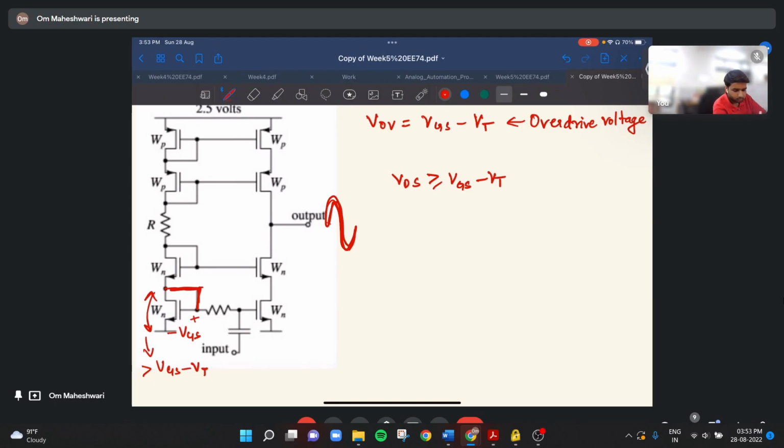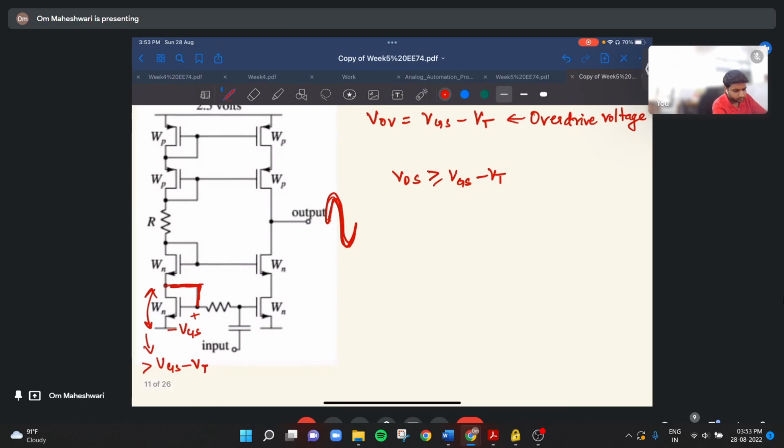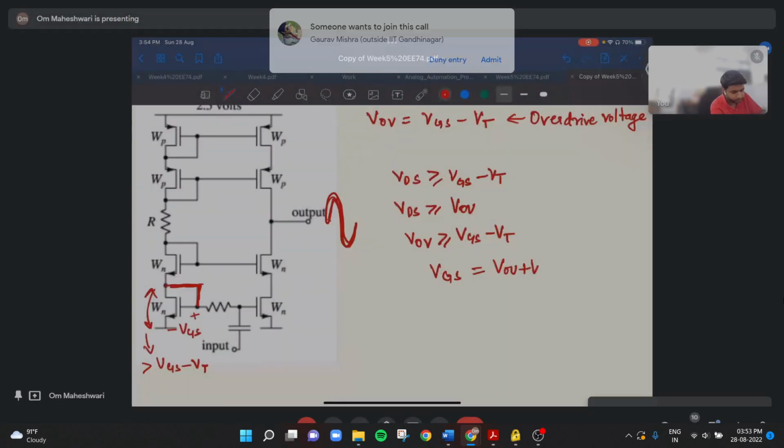So we can write it as VDS greater than or equal to VOV, where VOV is VGS minus VT. So VGS equals VOV plus VT.